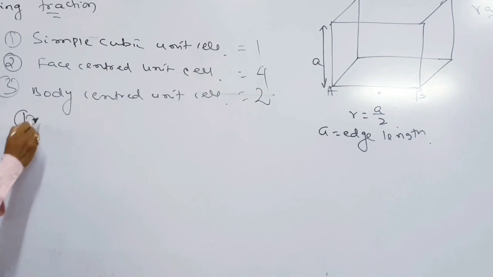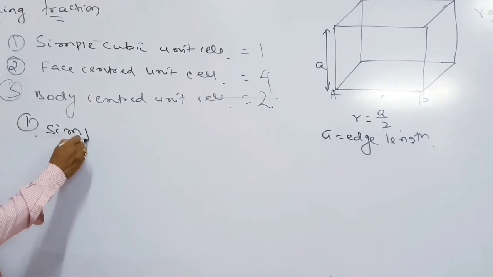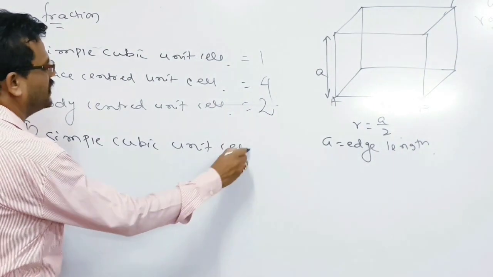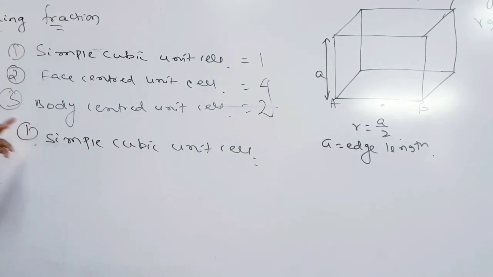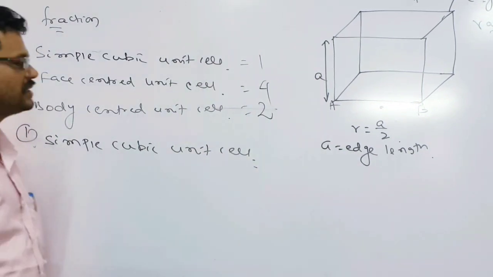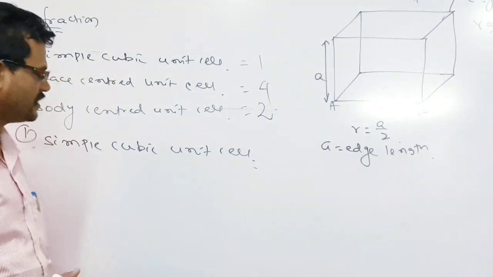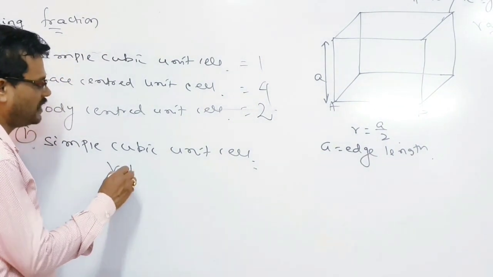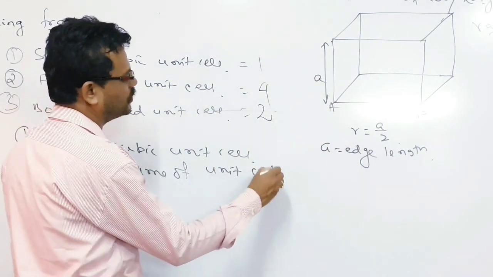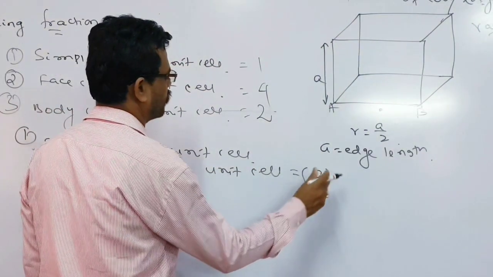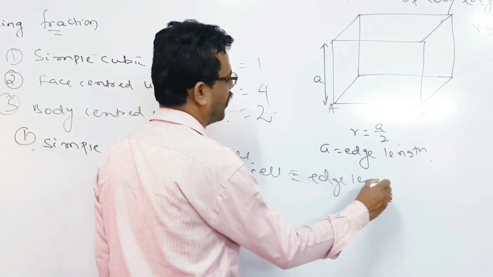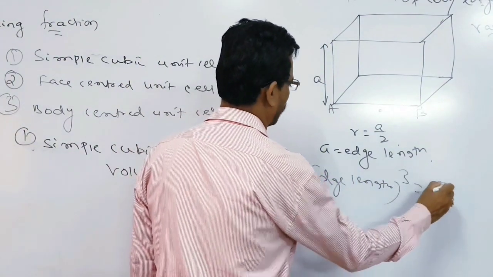First of all, the volume of the unit cell, that is the cube, equals a cubed, the edge length cubed.